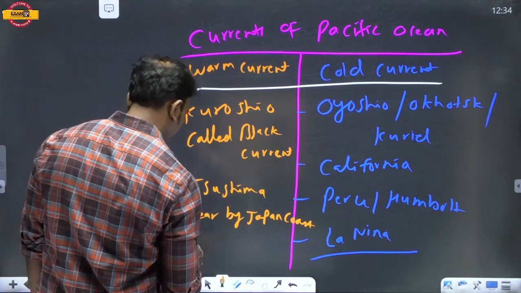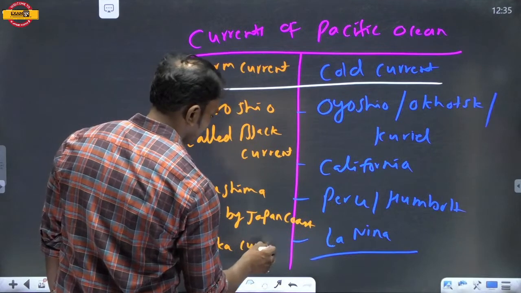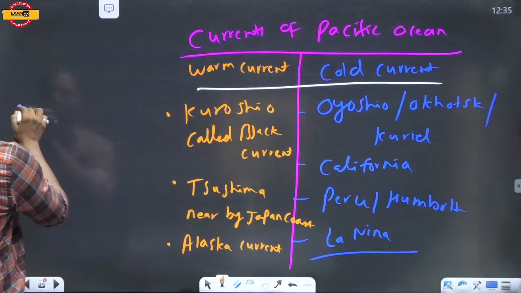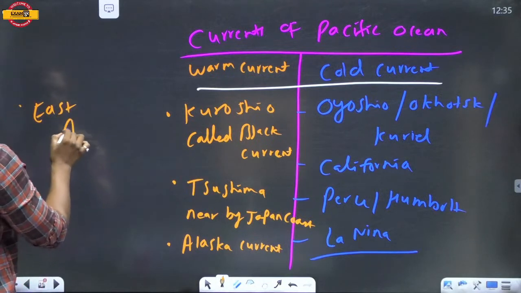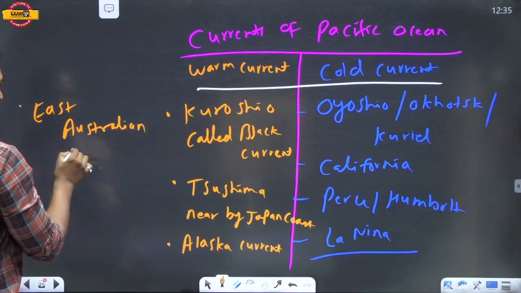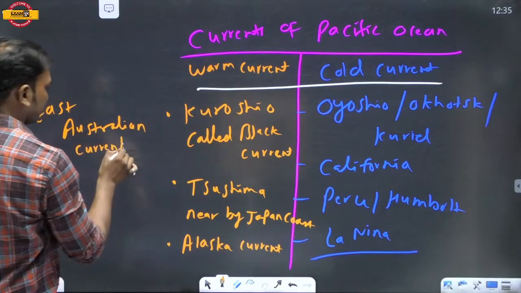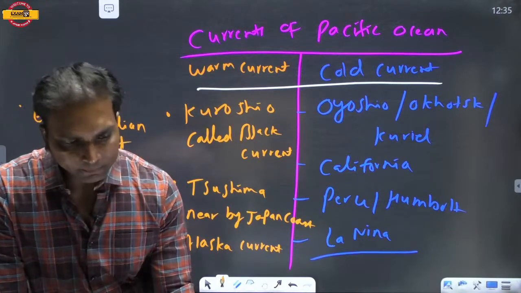Then Alaska, then the East Australian current. So these are the currents of the Pacific Ocean.